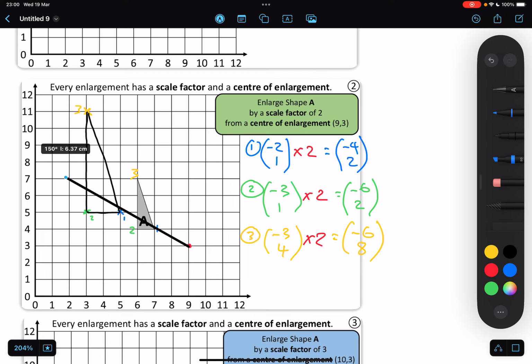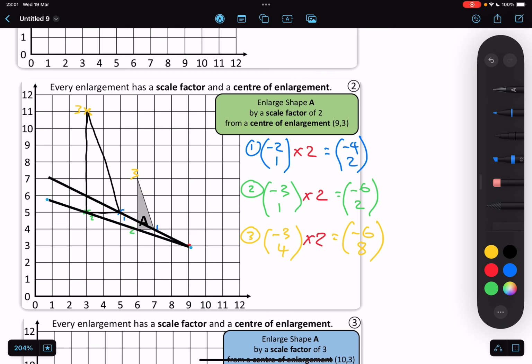We can start with number 1s if you want. So can you see number 1 and number 1 in blue? If I do this, it goes through number 1 and number 1 and the center of enlargement. So we need points that go through the center of enlargement but it also goes through the vertice and its corresponding vertice.